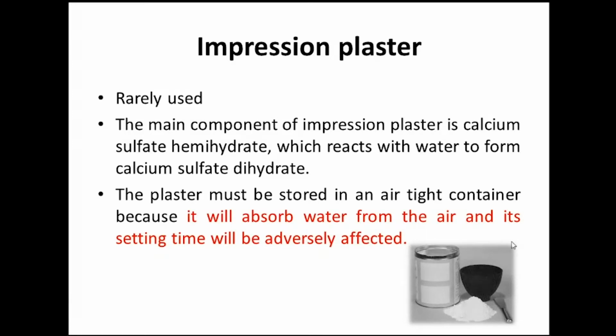What's an airtight container? A container that does not let air enter. Why? Because this type of material absorbs water from the air, and at a certain time will be adversely affected. Okay?